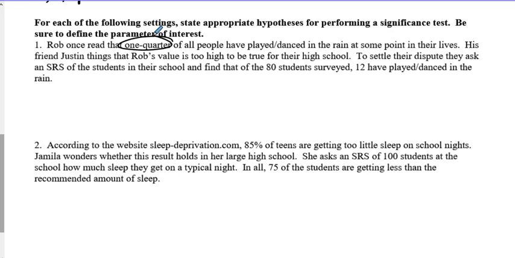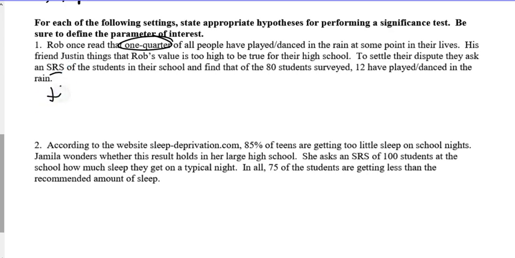So, Rob asked in his high school, and his friend Justin thinks that Rob's value is too high for their high school. To settle the dispute, they ask an SRS, R being random, and find that of 80 students surveyed, 12 said they played in the rain. Okay.